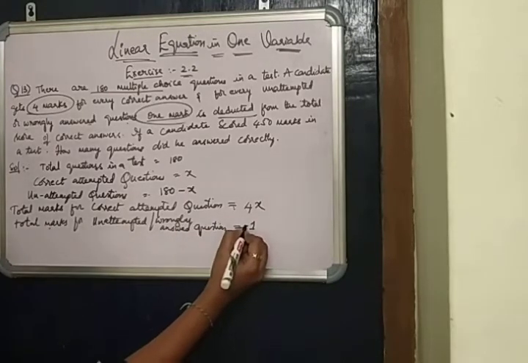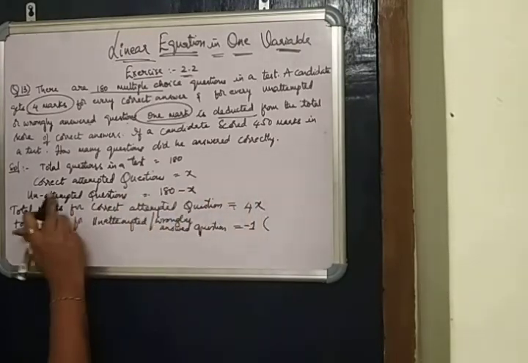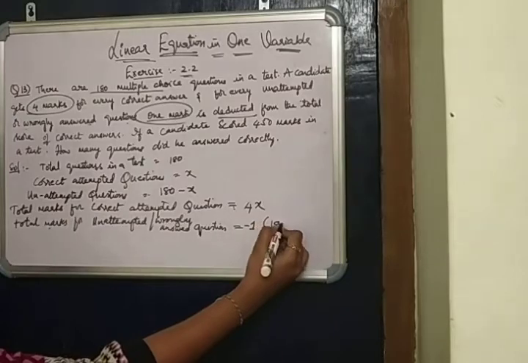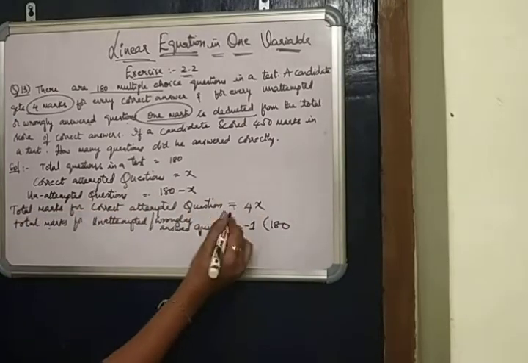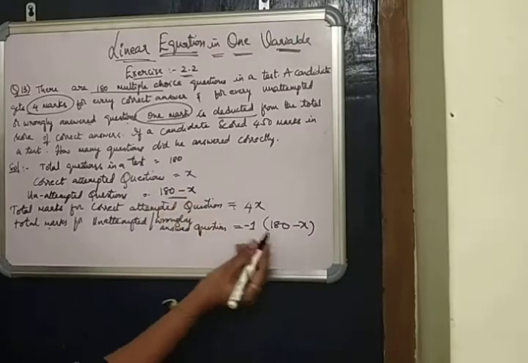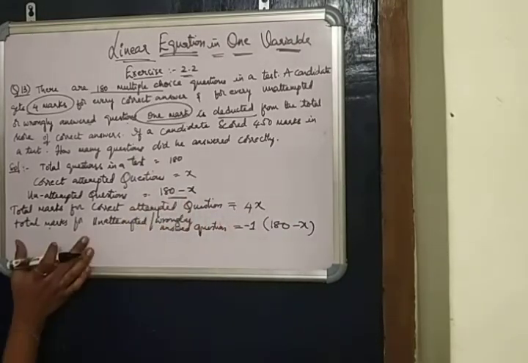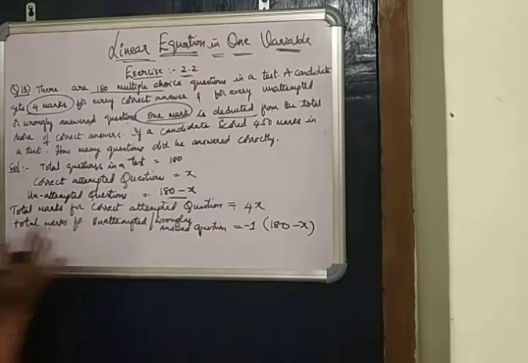Deducted means we have to minus 1 into how many unattempted questions there are: 180 minus x, this one. Minus 1 into unattempted questions. By this we get the total marks for unattempted or wrongly answered questions.